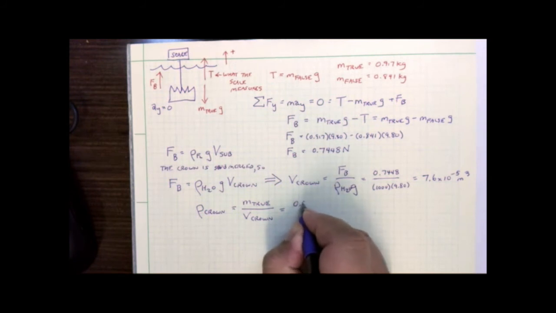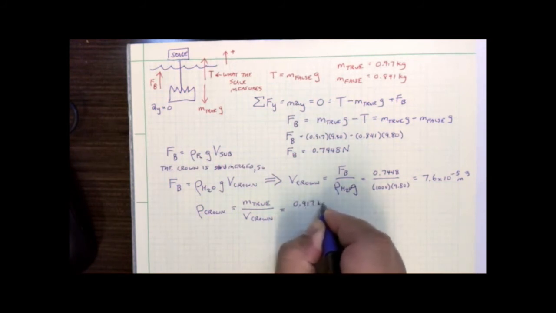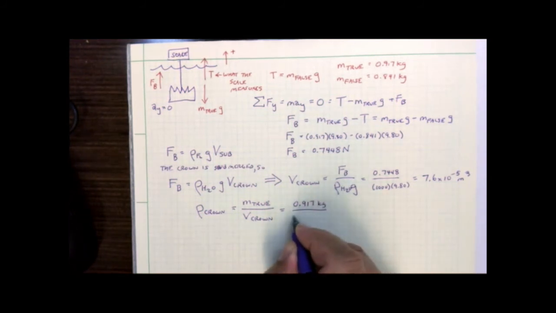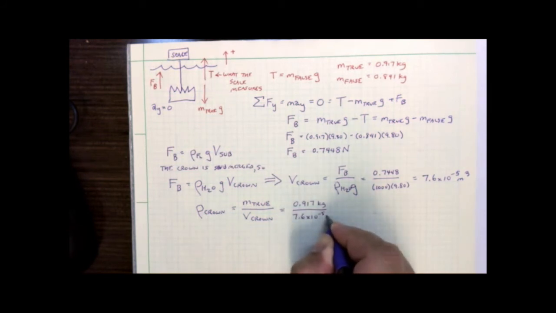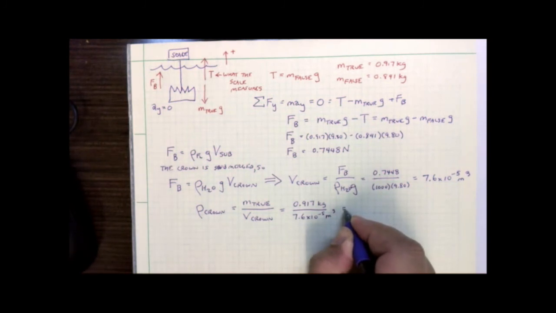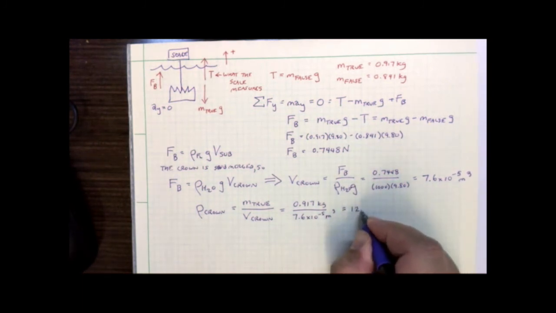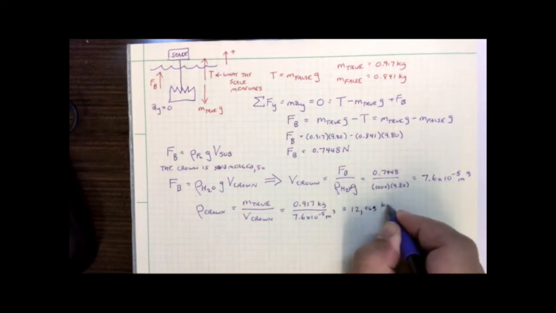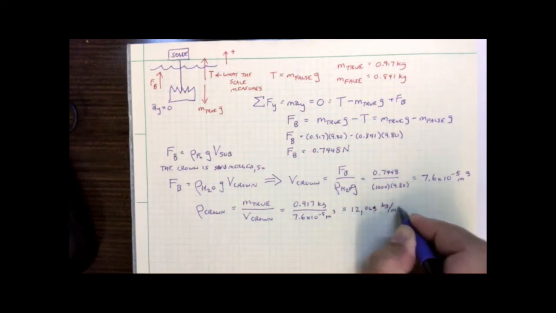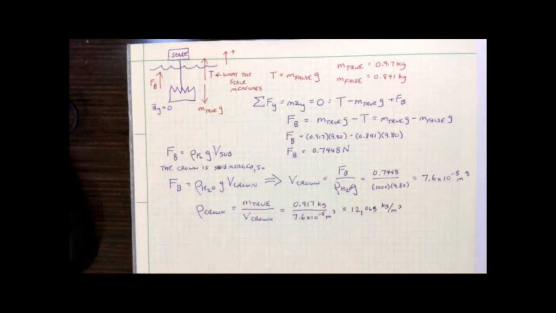That's going to be the true mass, 0.917 kilograms, divided by the volume of the crown, 7.6 times 10 to the minus 5 cubic meters. That gives us a density of 12,065 kilograms per cubic meter.